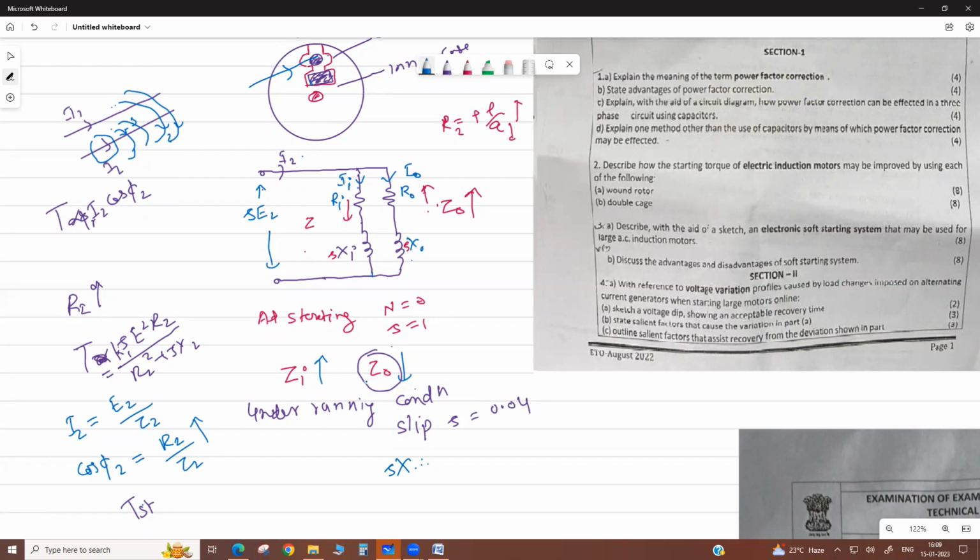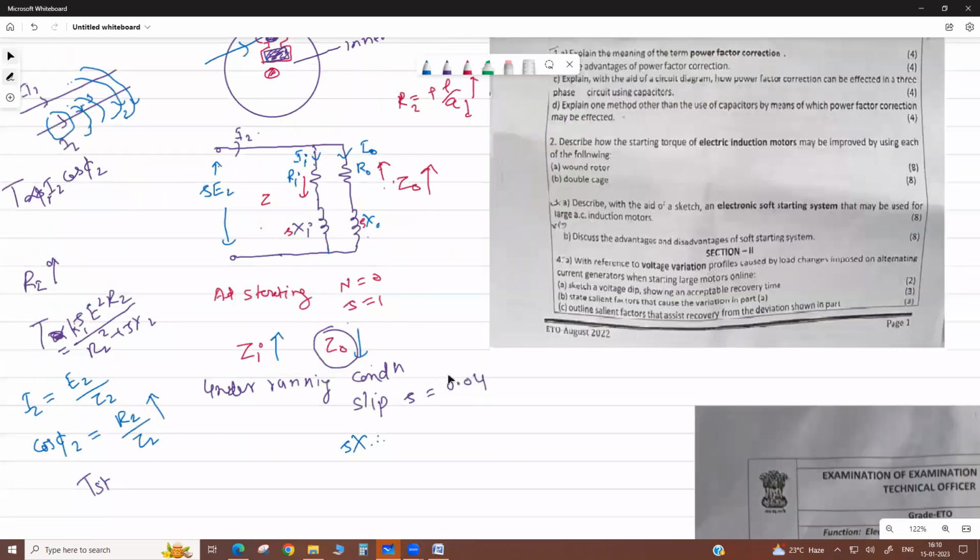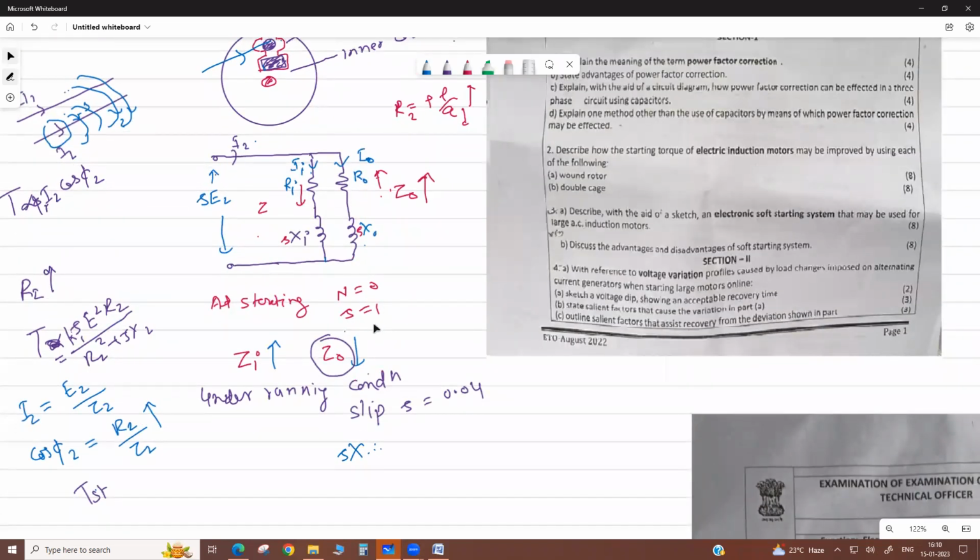So the motor gives both performances, under starting condition and running condition. Both things are improved. Under starting, torque is increased and power factor is increased. Under running condition, losses are also reduced because rotor resistance is reduced. It takes a low resistance path.